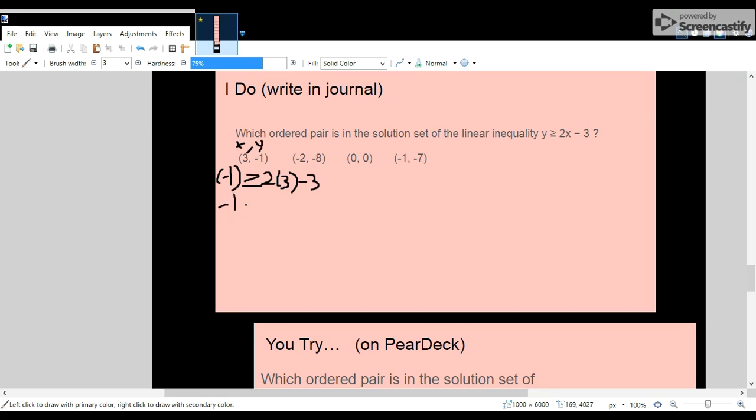So, is -1 greater than or equal to 6 minus 3? -1 is not greater than or equal to 3. So this was false.